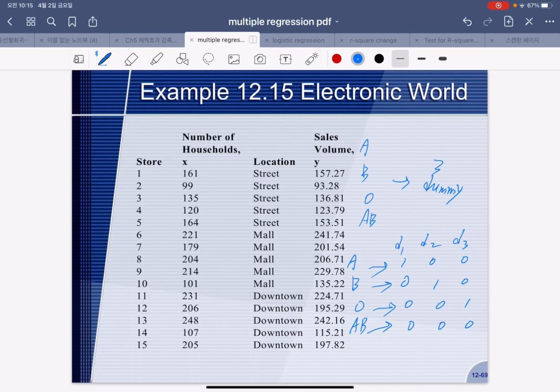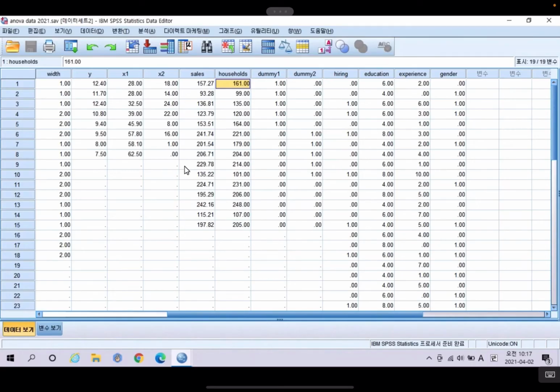So let's use these dummy variables to get the regression output, and then let's try to understand the outputs. We are going to use this data, and I'm going to show you how to interpret the results. Let's go to SPSS. So we are back to SPSS.